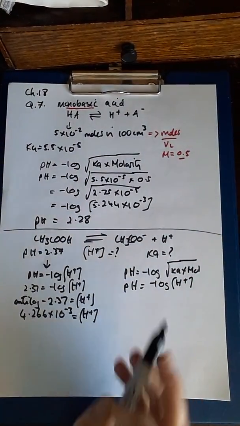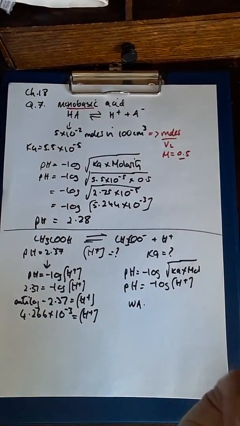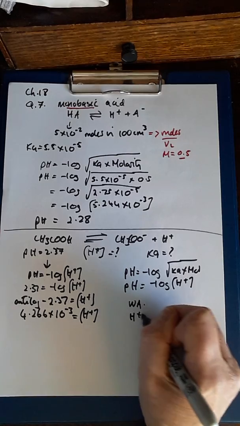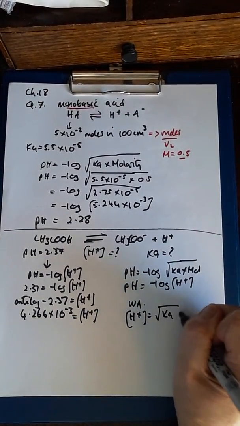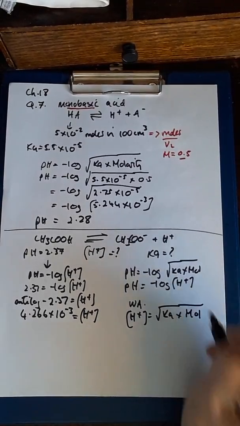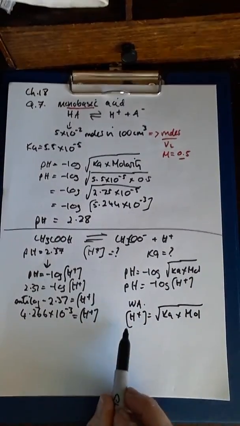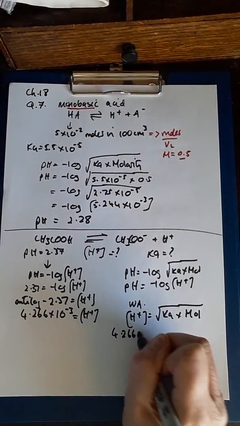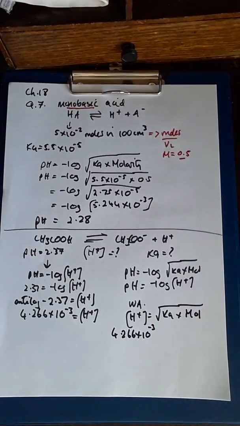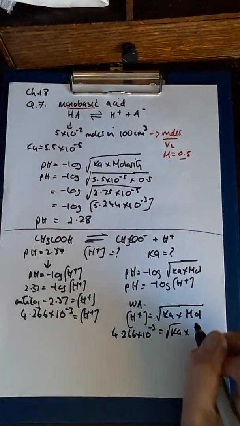So comparing these two things, for a weak acid or a weak base, in this particular case, the H plus concentration is equal to the square root of Ka by molarity. Now that's very important. Make sure you remember that. So I know what the H plus concentration is, this fella here, 4.266 by 10 to the minus 3 is equal to the square root of Ka by the molarity.